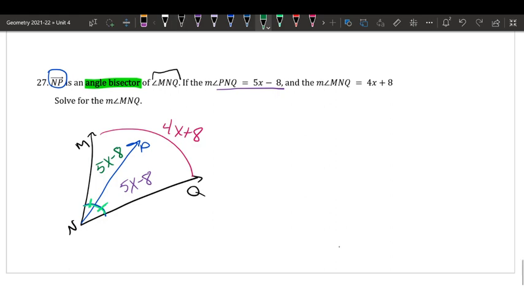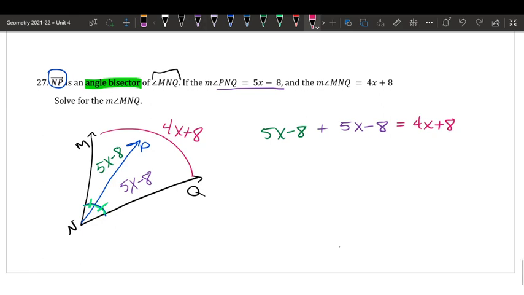So I could write this either using multiplication, saying 2 times 5x minus 8 equals 4x plus 8, or I could write it out as 5x minus 8 plus 5x minus 8 equals 4x plus 8. So the two parts add up to equal the whole thing.